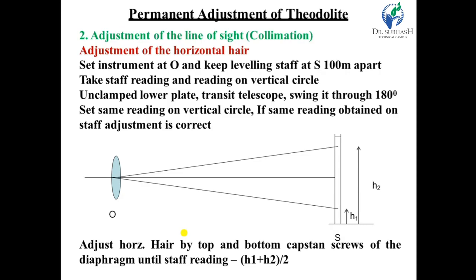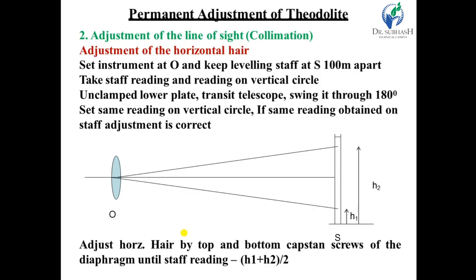Set the instrument at O and keep the leveling staff S 100 meters apart, and take the staff reading and the reading on the vertical circle. Unclamp the lower plate, transit the telescope and swing it 180 degrees. Set the same reading on the vertical circle. If the reading obtained on the staff is the same, the adjustment is correct.